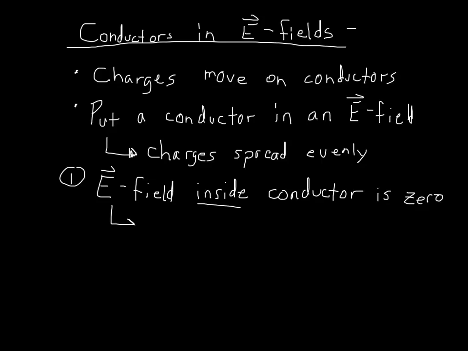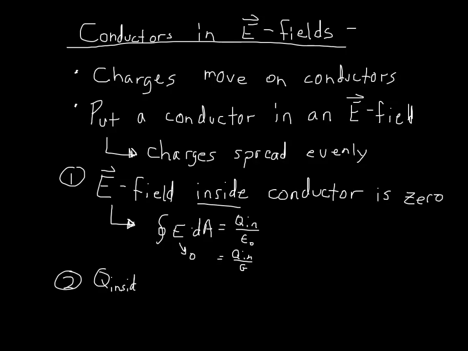So if we look at what this means for the charge inside of a conductor, Gauss's law, the closed integral of E dot dA, is equal to Q inside of your surface divided by epsilon naught. If the electric field inside the conductor is zero, E is equal to zero, then that means Q inside over epsilon naught is equal to zero. Since epsilon naught is a constant, this means that Q inside of a conductor is zero.